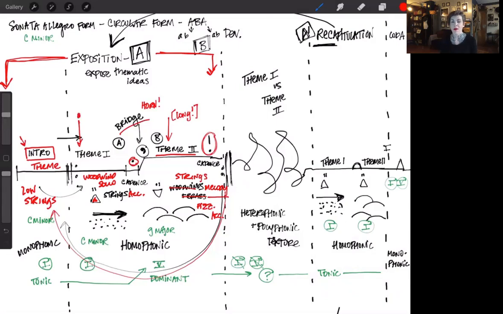Here we go. We're back on our theme 1. We're listening to a woodwind solo with strings accompanying. This one happens to be in compound time, and it's been in compound time the entire time. 1, 2, 3, 1, 2, 3.